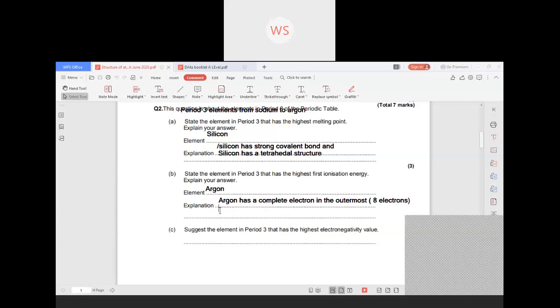The shielding of argon, sodium and chlorine is the same, as they have the same electron shells.